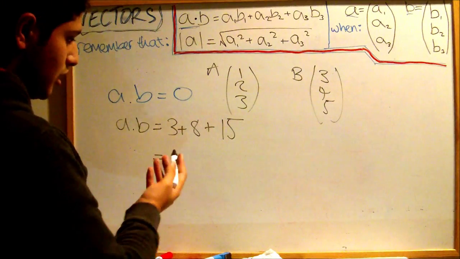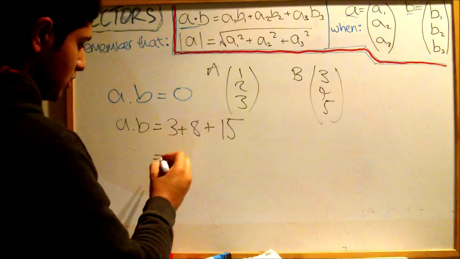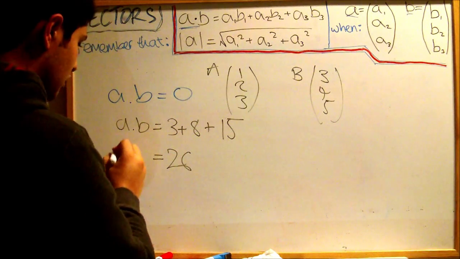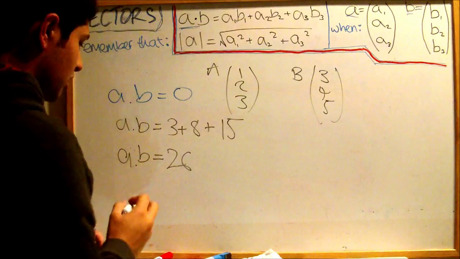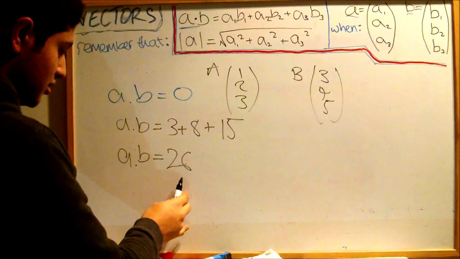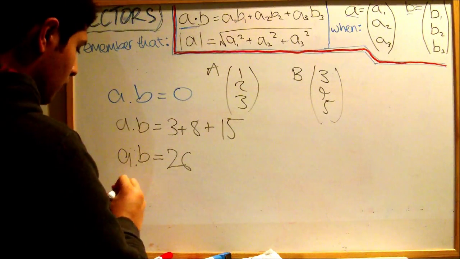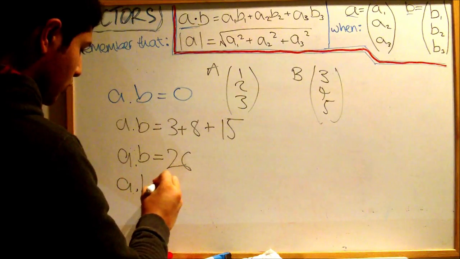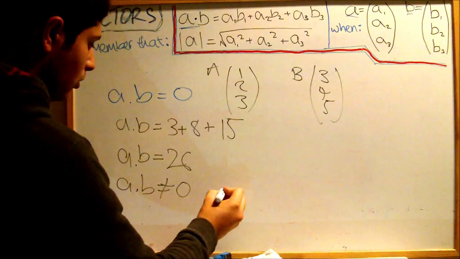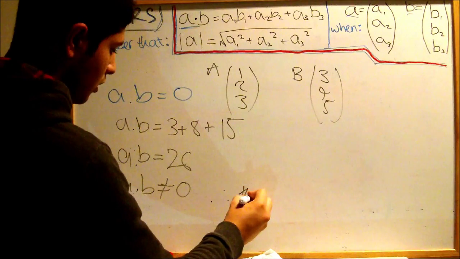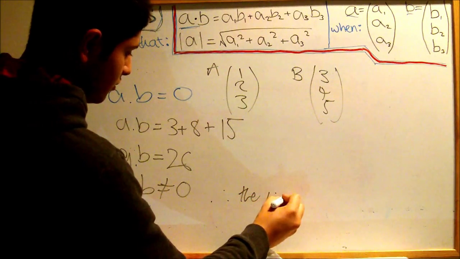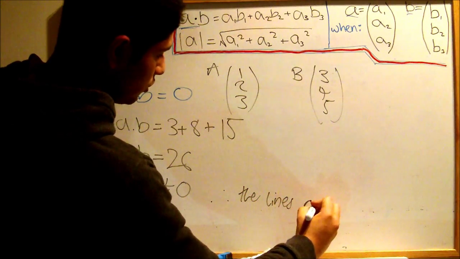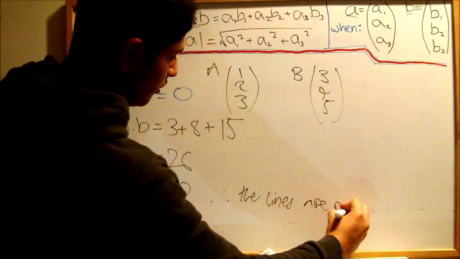If we add those together, 3 plus 8 is 11, plus 15 is 26. That means the dot product is 26. So A dot B does not equal 0. Therefore, the lines are not perpendicular.